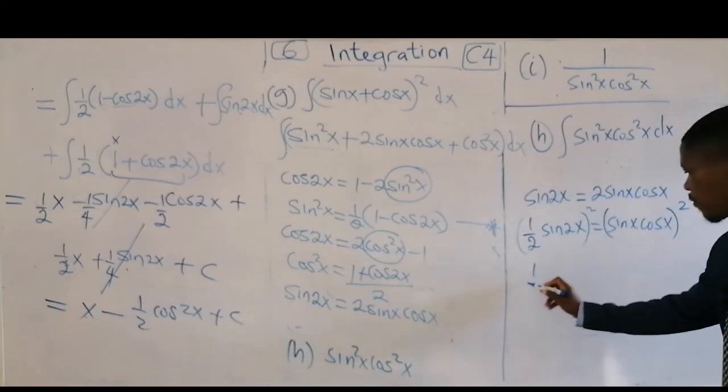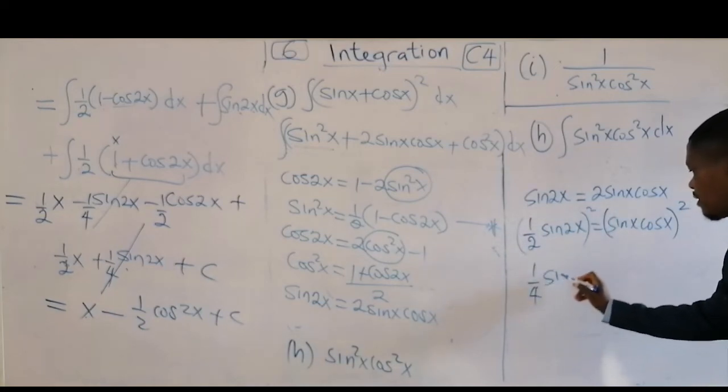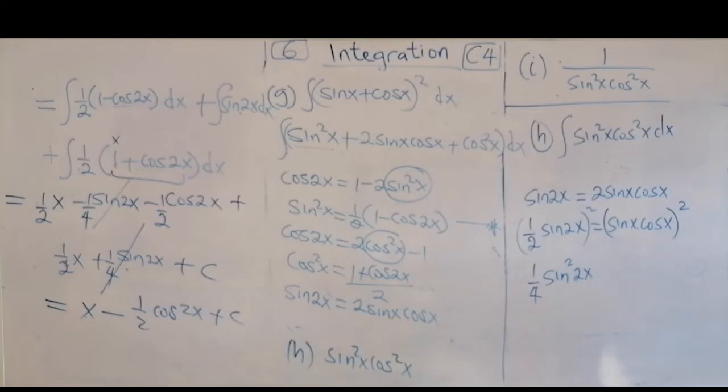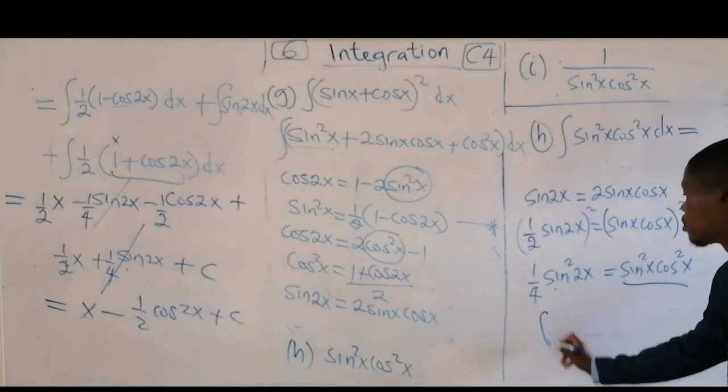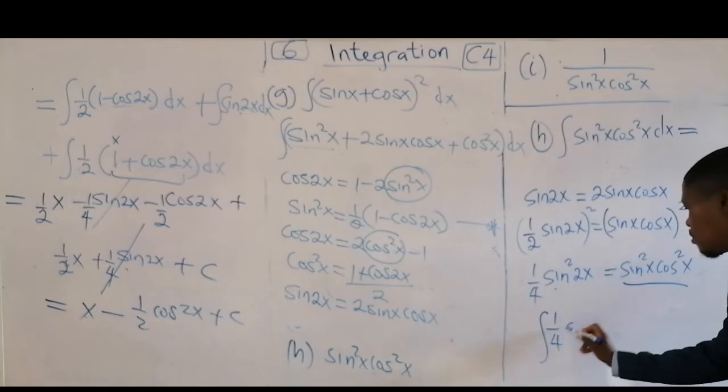That will be 1 over 4 sine square 2x equal to sine square x cos square x. So we just plug in this value. So this is equal to the integral of 1 over 4 sine square 2x dx.